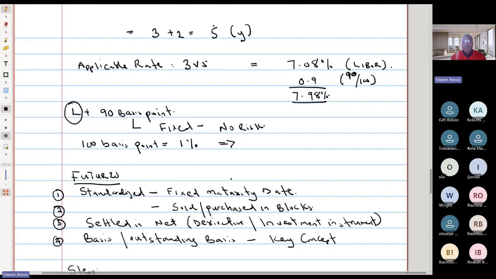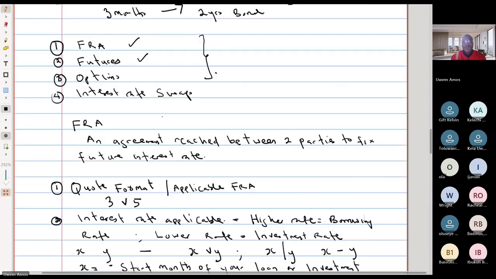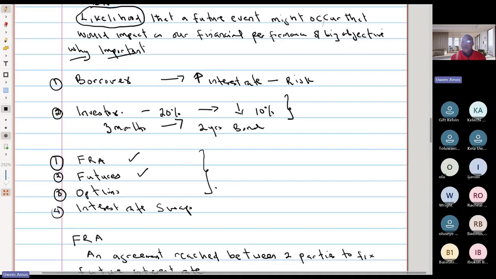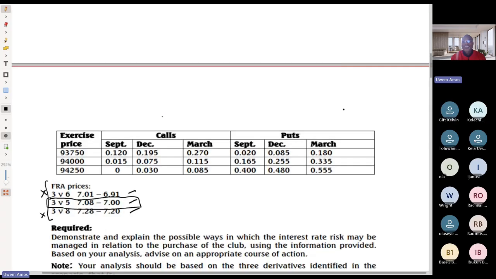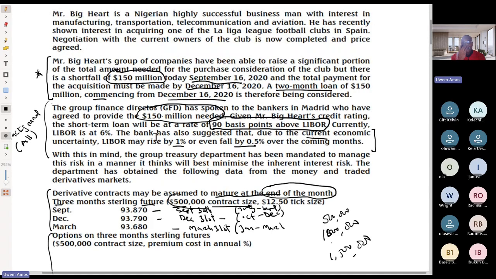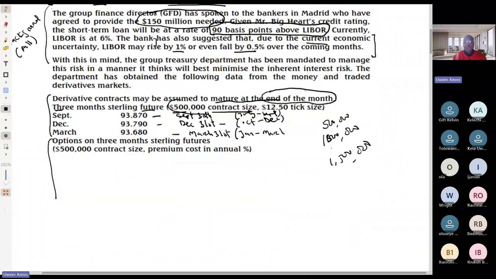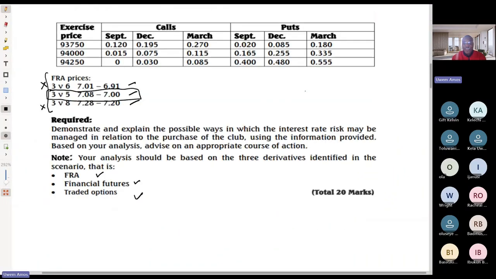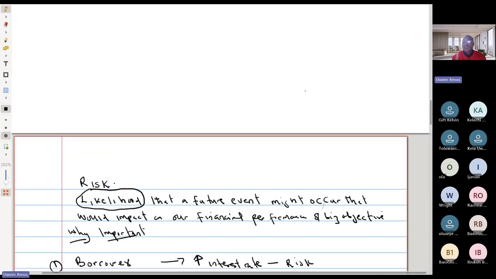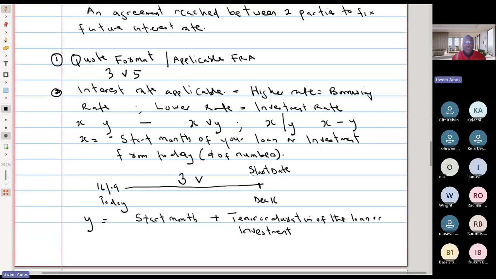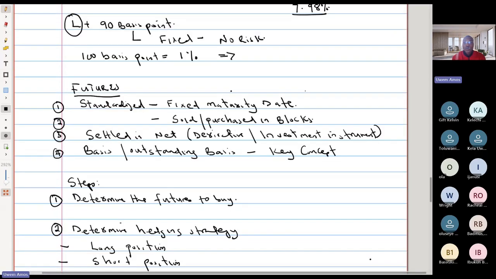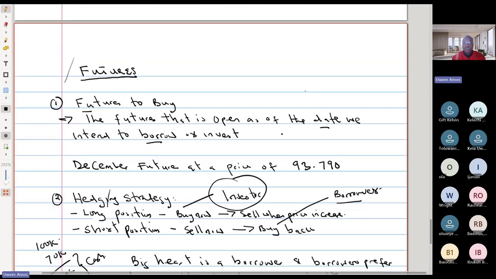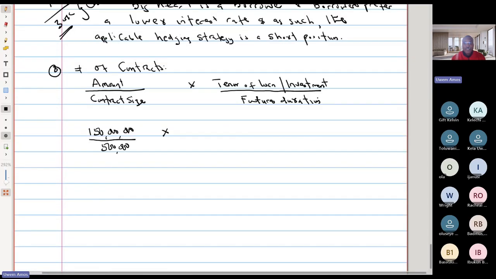The question says Mr. Bighard wants to borrow from a La Liga club, and when they borrow 150 million, it's for 2 months. So it's a 2 month loan. That's what they need as the tenor of the loan. If it's an investment, it's how long they plan to invest the money. So the tenor of the loan is 2 months, and that value is in months.